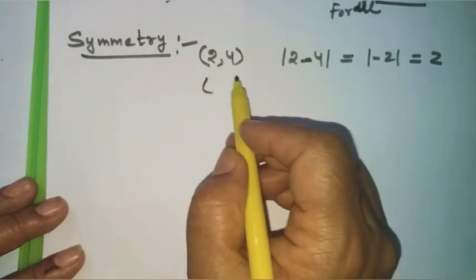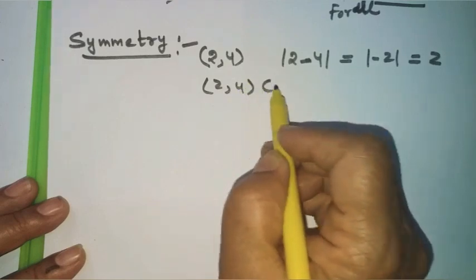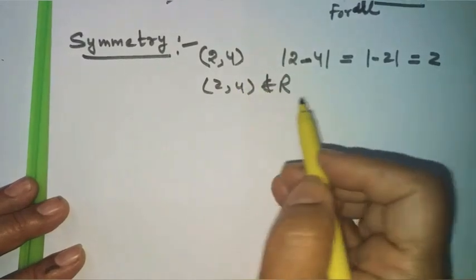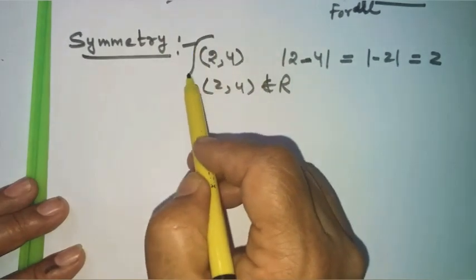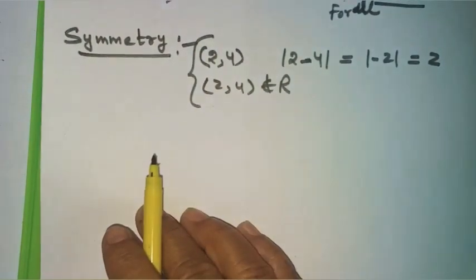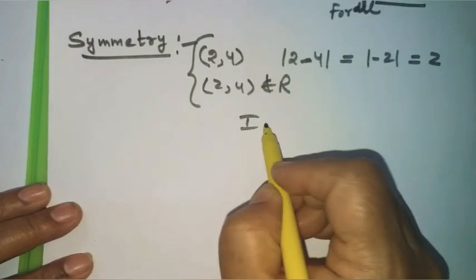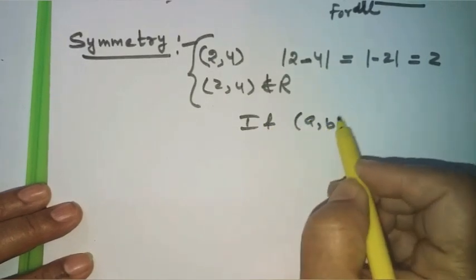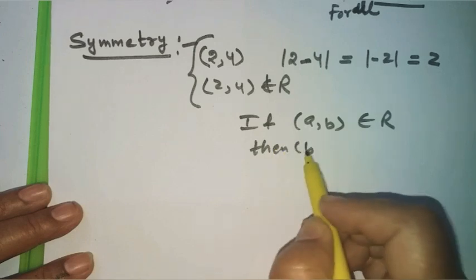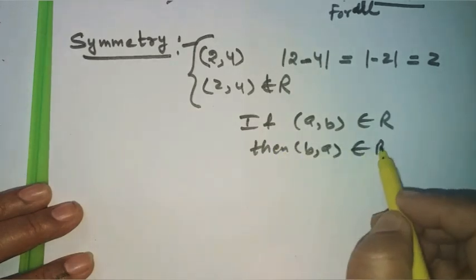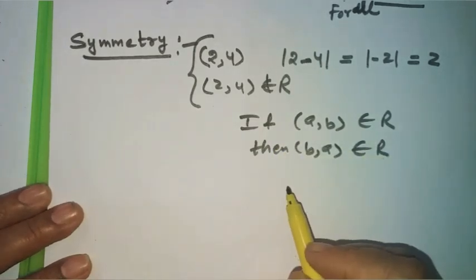And when 2, 4 does not belong to R, then there is no point checking whether 4, 2 belongs to R. You have to be clear on this point also. Symmetry means that if (a, b) belongs to R, then (b, a) should belong to R, then the relation is symmetric.